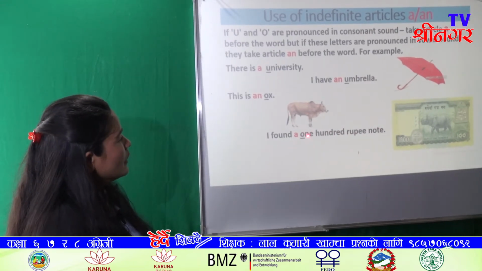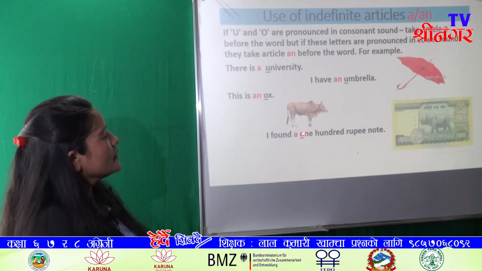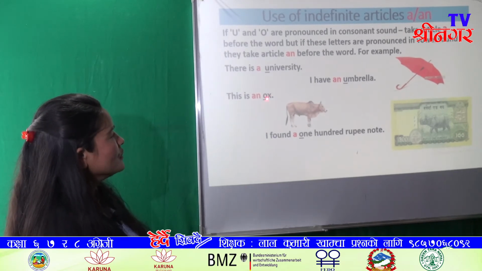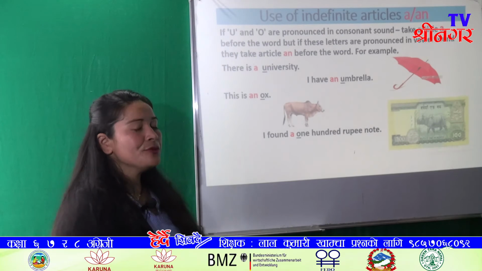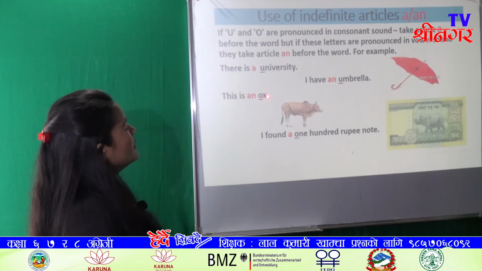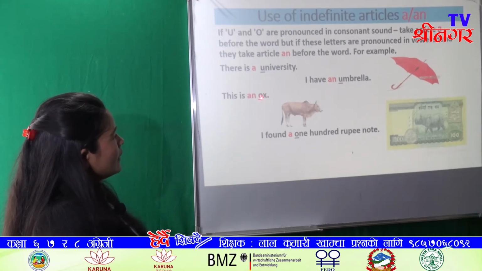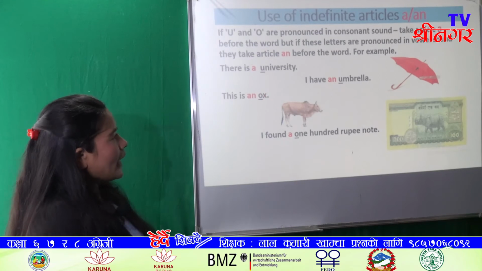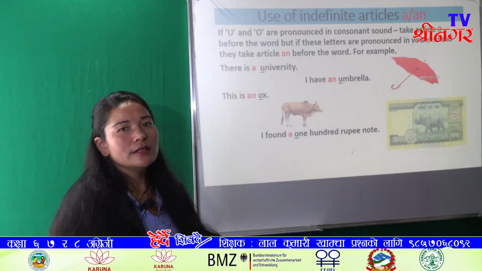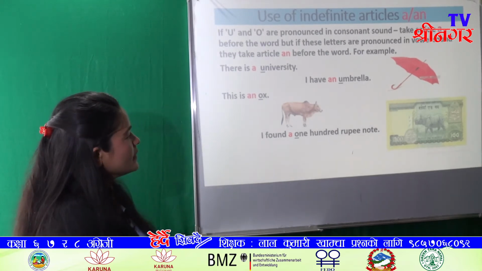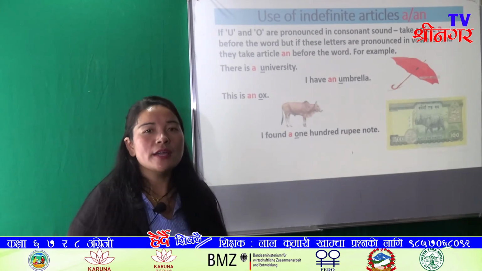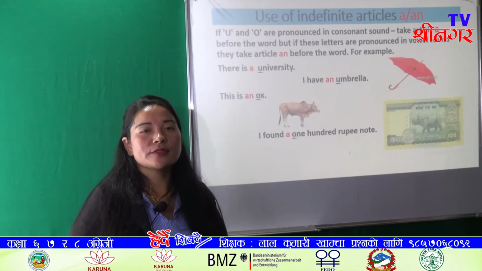Here this word also has first letter O, but these two are pronounced differently. In the first sentence we pronounce it as "ox", with a vowel sound, and in the next sentence, "one hundred rupee note", W is a consonant sound.